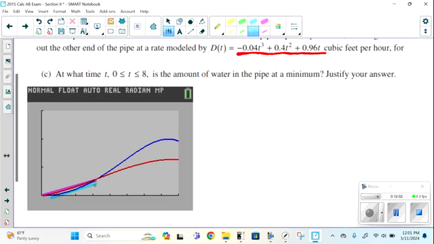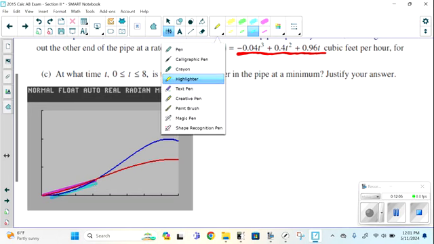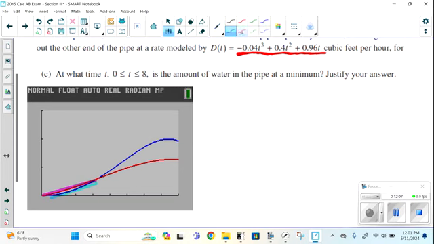As long as the red, which is D of T, is on top of the blue, which is R of T, from the moment it starts until this point right here, I am draining water more than water is running into the pipe. So as long as that draining function is higher, I'm losing water.